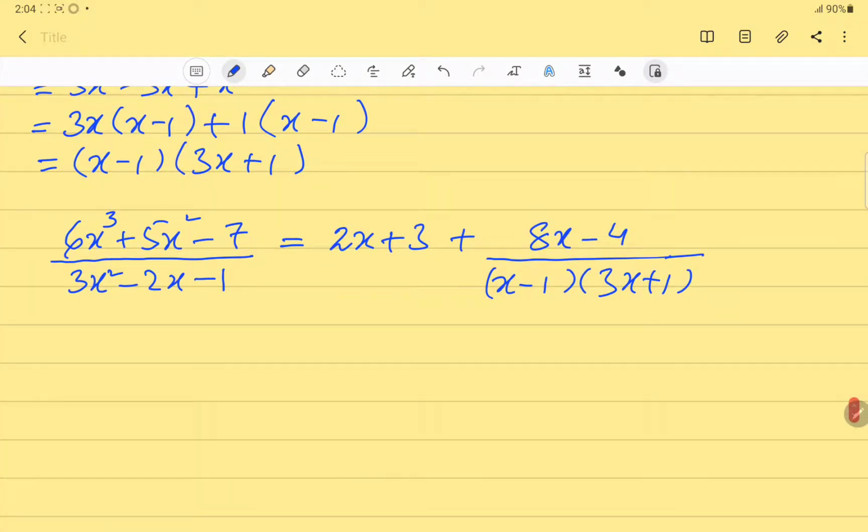Now for the time being we will ignore 2x plus 3 and we will go for the partial fraction of 8x minus 4 over x minus 1 into 3x plus 1.